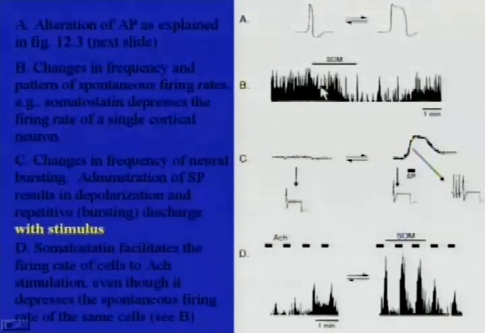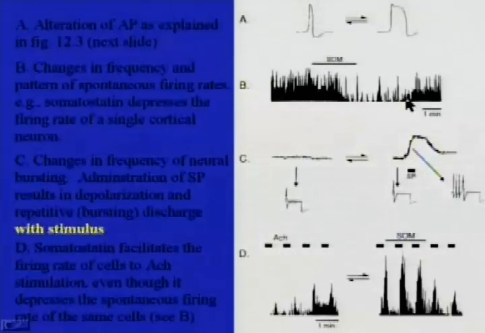So this is showing the spontaneous firing rate. You begin to bathe the neuron with the somatostatin, and slowly this firing rate decreases and just becomes episodic. So it takes on not only a lower firing rate, but it begins to almost take on a bursting pattern.